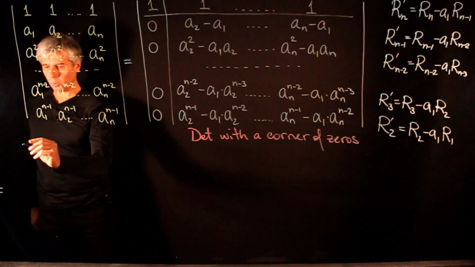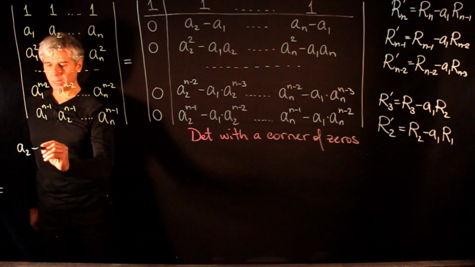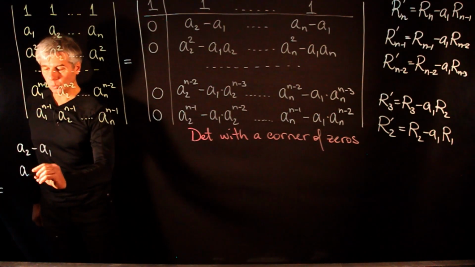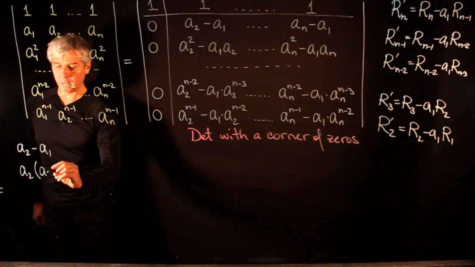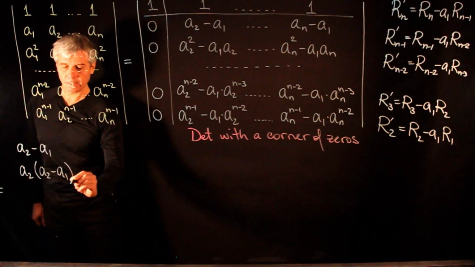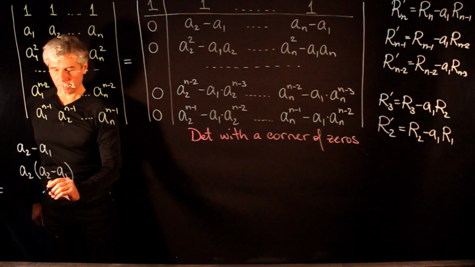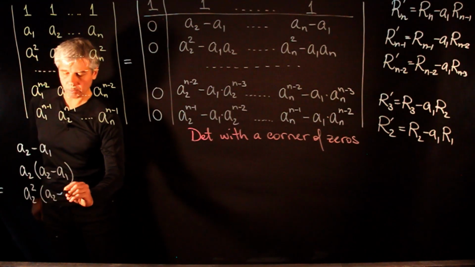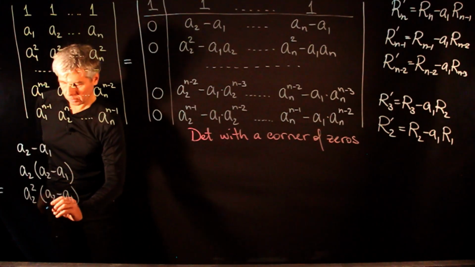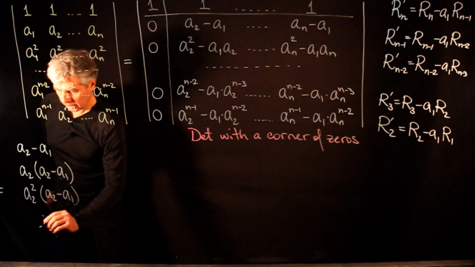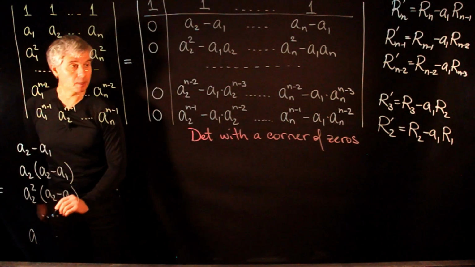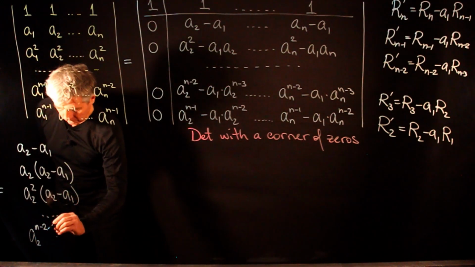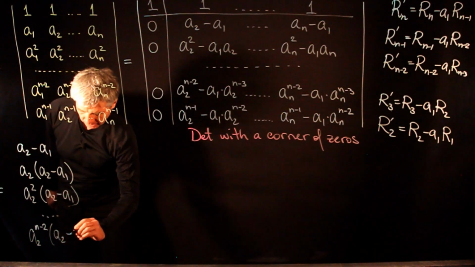So the first column is going to be A2 minus A1, then A2 times A2 minus A1, then the next will be A2 squared times A2 minus A1, dot, dot, dot, and the last entry will be A2 to the n minus 2 times A2 minus A1.